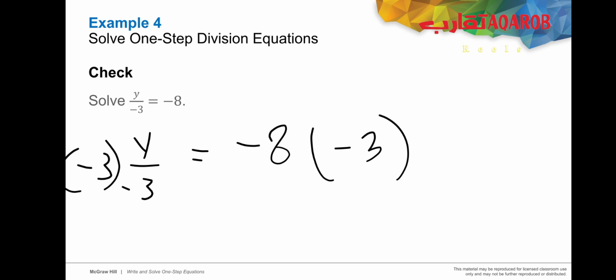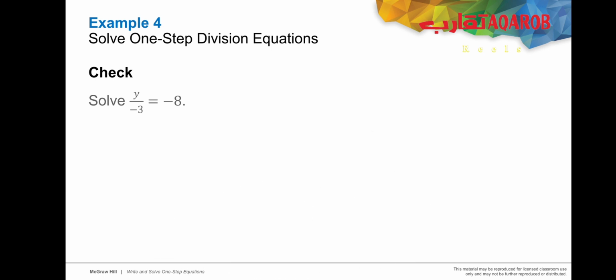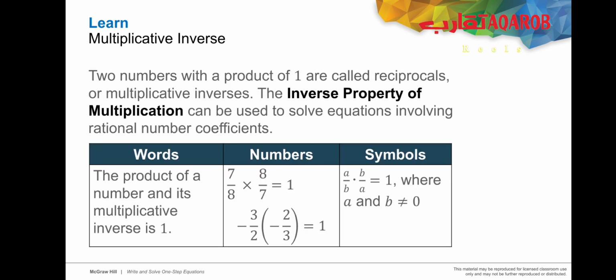Now the 3 here will be crossed out with negative 3, negative 3 with negative 3, then I have y equal to negative 8 times negative 3. We said about the signs that negative times negative will give you positive, and 8 times 3 is equal to 24. So the answer is 24, as you can see here. And to make sure this is a correct answer, we can replace it.